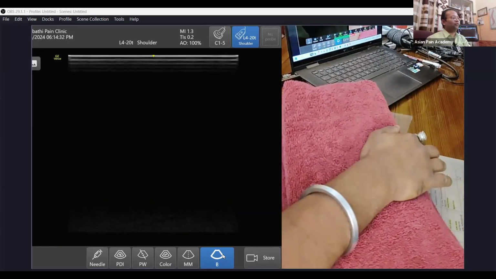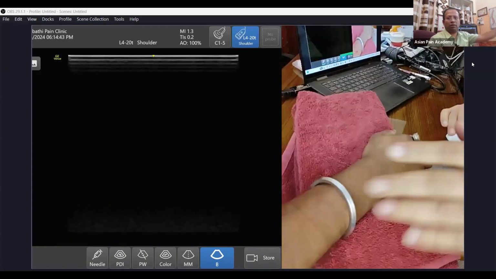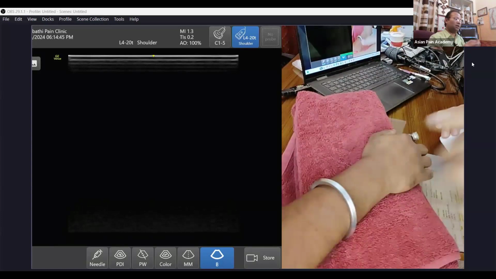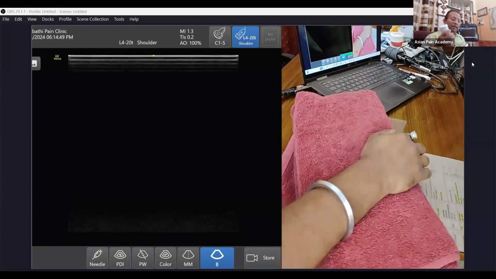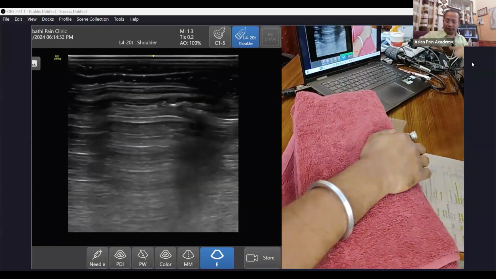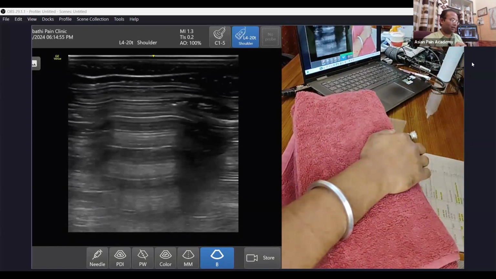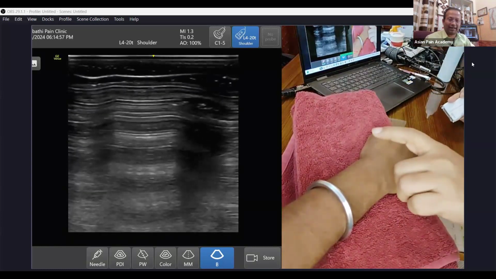Okay. So first, as I told you, from the dorsal side, the most important landmark is the Lister tubercle. It is found on the radius.